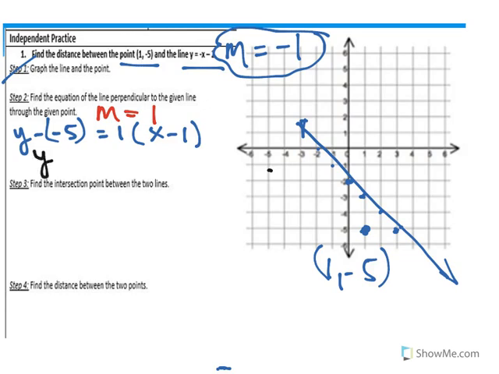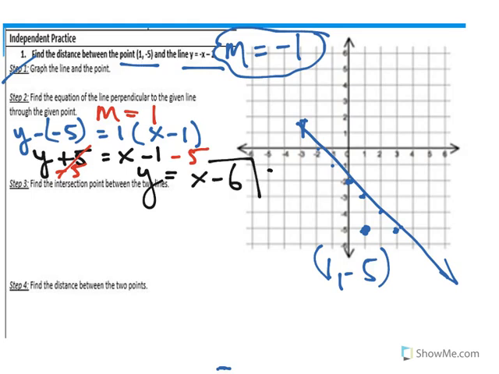We would get y plus 5 equals, I distribute the 1, x minus 1. Let's go ahead and take this 5 to the other side, so minus 5 both sides. And now I'm left with y equals x minus 6. Okay, and that would be that.